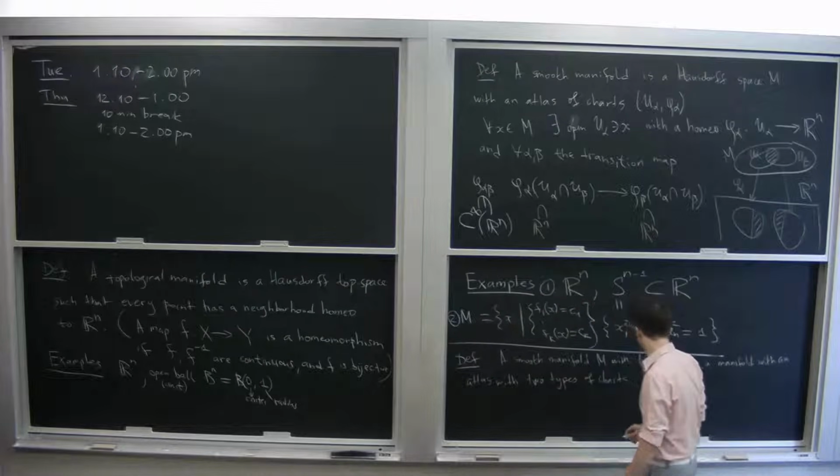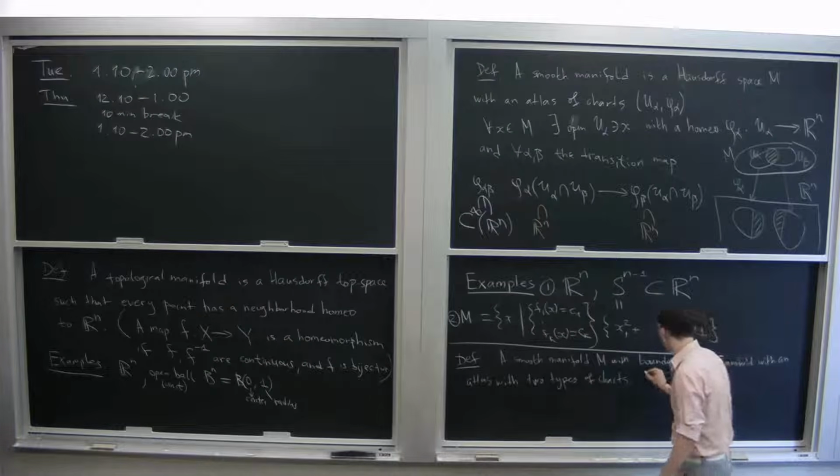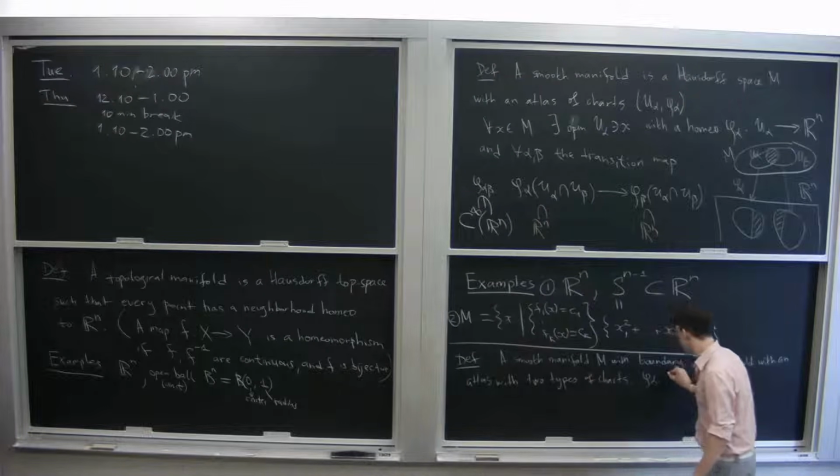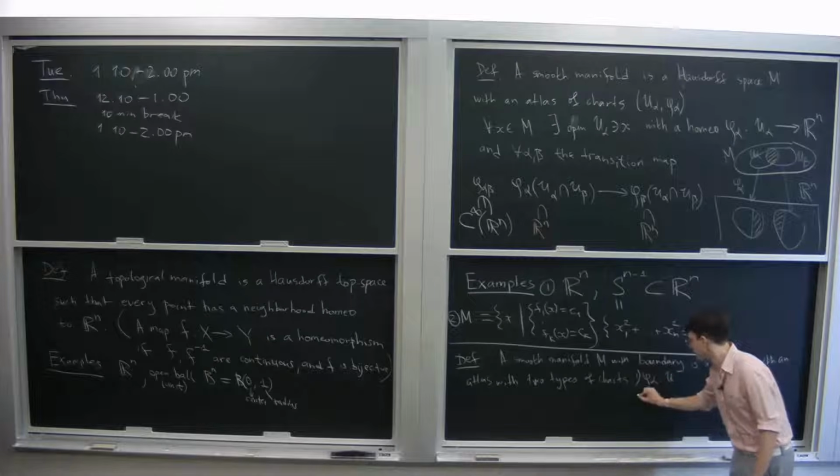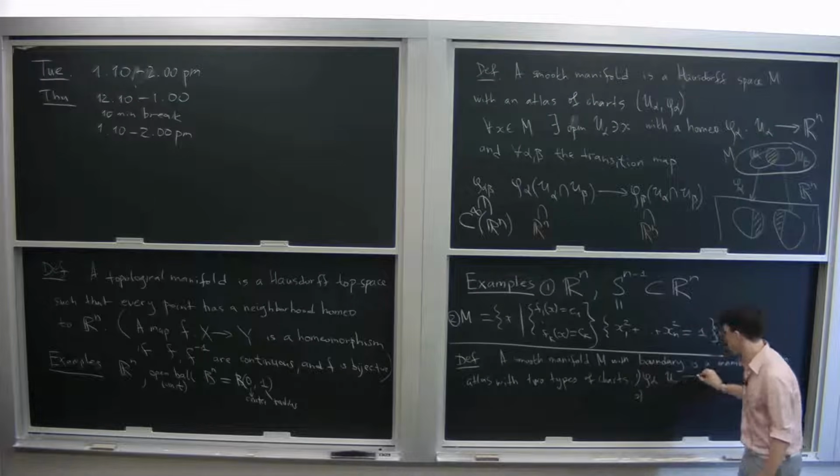I will denote them by alpha. The first type is the standard one, to Rn.